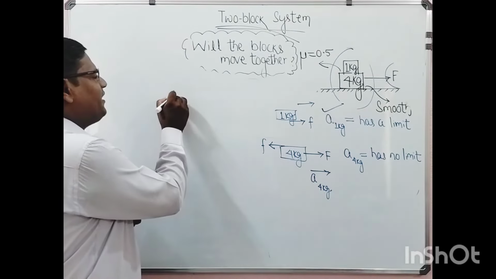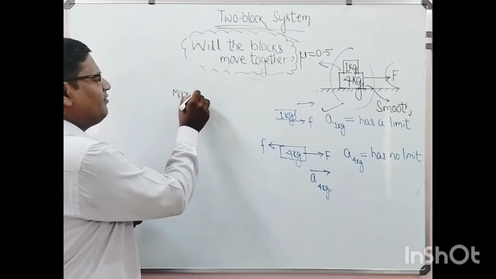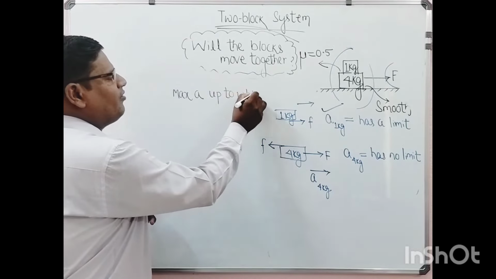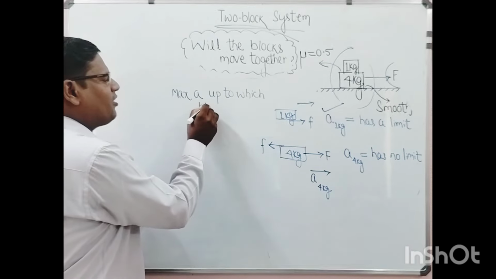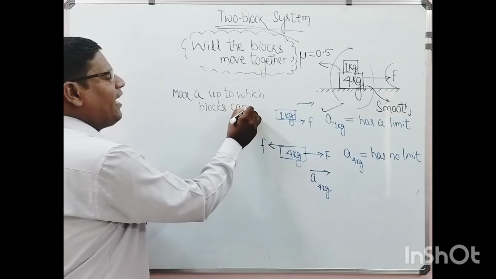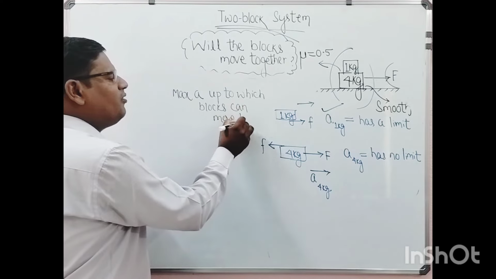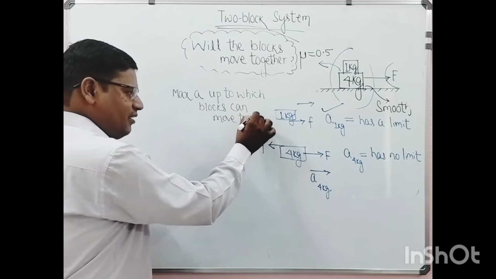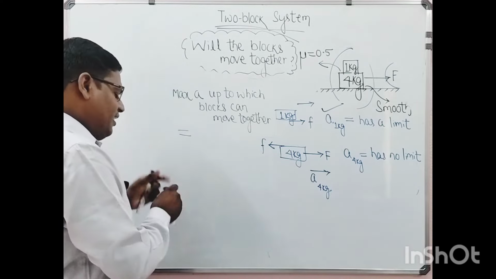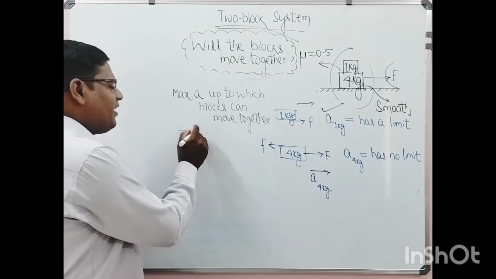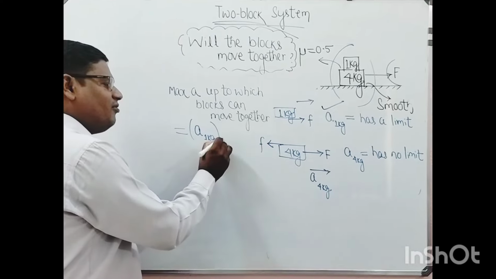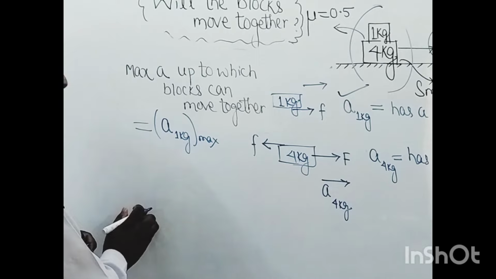So the maximum acceleration up to which blocks can move together is the maximum acceleration of the 1 kg block, isn't it?